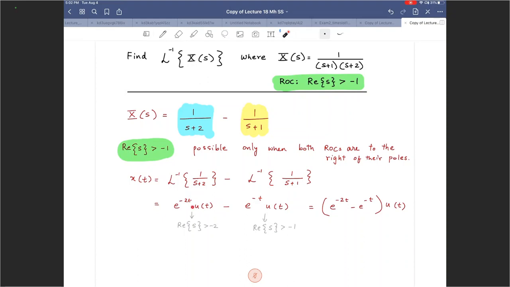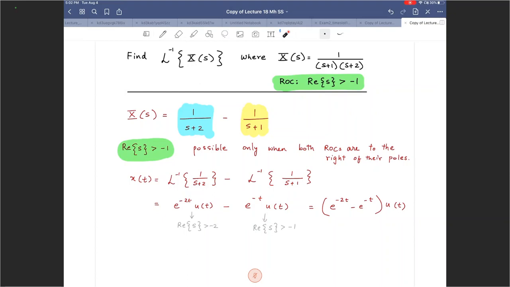So e to the -2t u of t minus e to the -t u of t as well. For both of them, the region of convergence is to the right of -1 here and to the right of -2 there, so that the intersection comes out to be the problem statement. Then we can rewrite this result in a nice form: e to the -2t minus e to the -t, taking the common factor u of t out. So that's how we would use the region of convergence along with X of s to find the inverse Laplace.